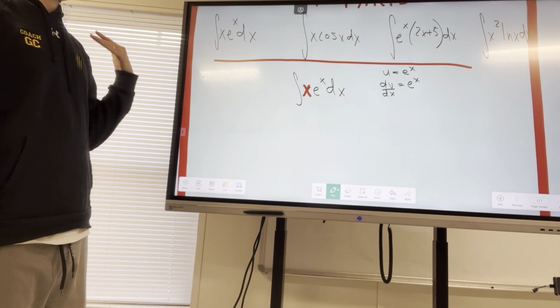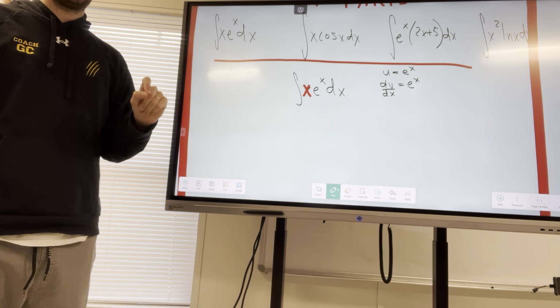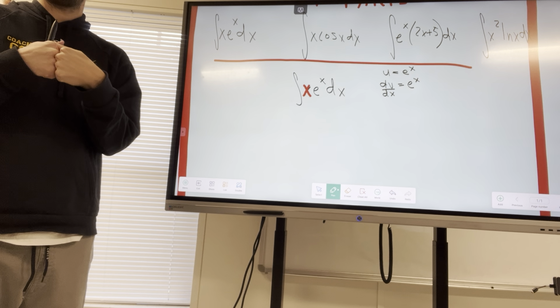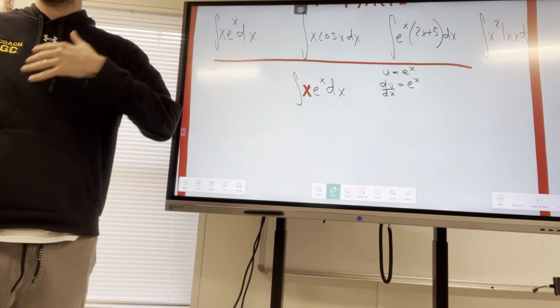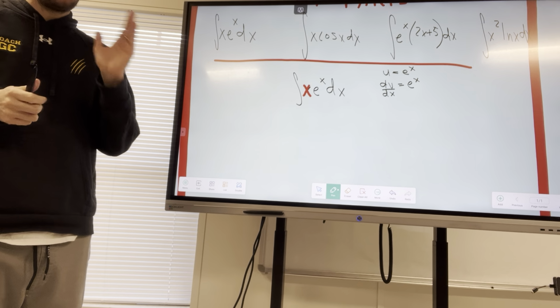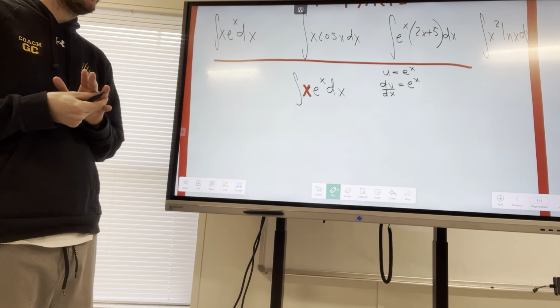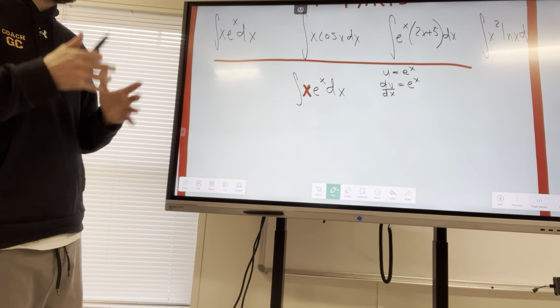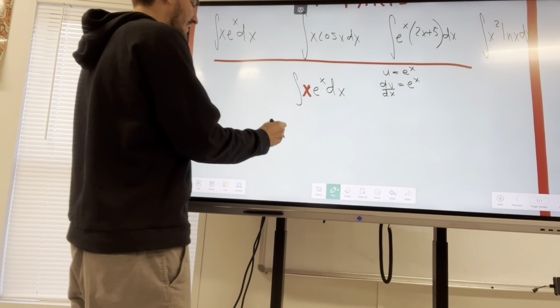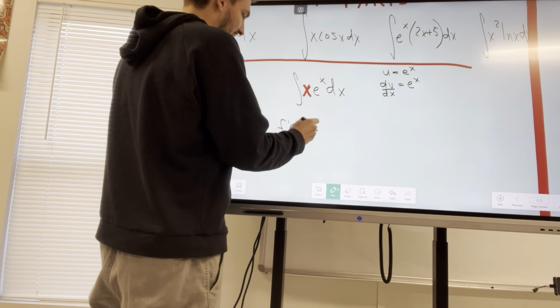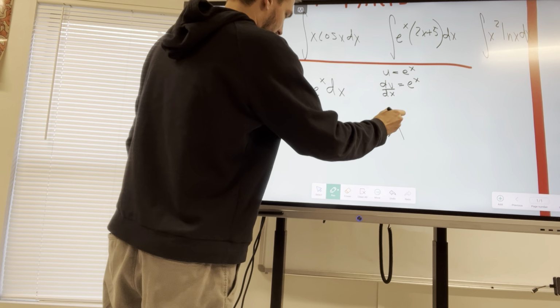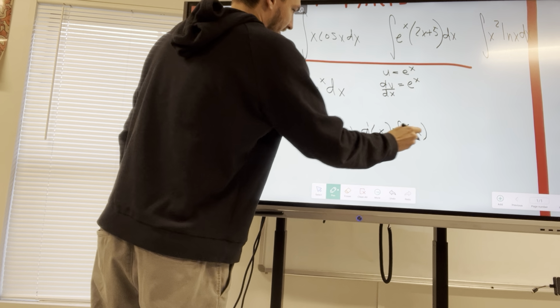So what's going on is we have to use integration by parts, which is basically the product rule, trying to undo the product rule. And on the very first day of integration, we talked about how that doesn't sound very nice, because the product rule is f prime of x times g of x plus g prime of x times f of x.